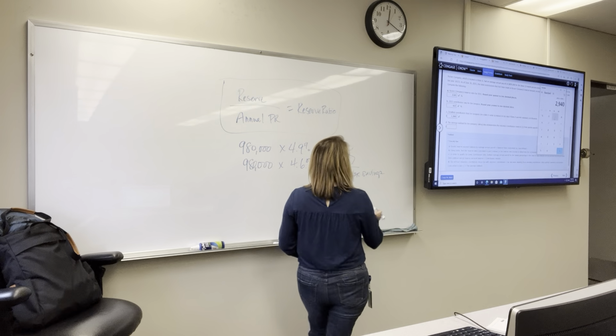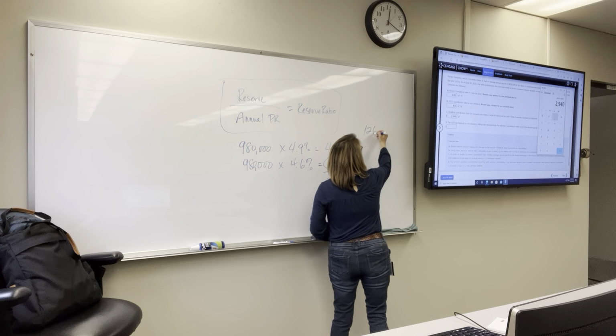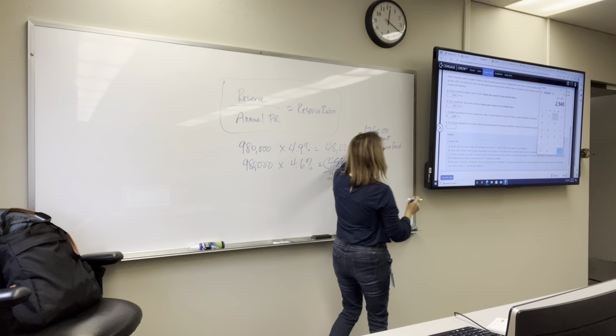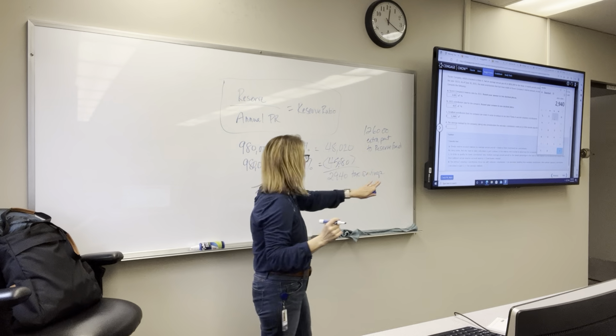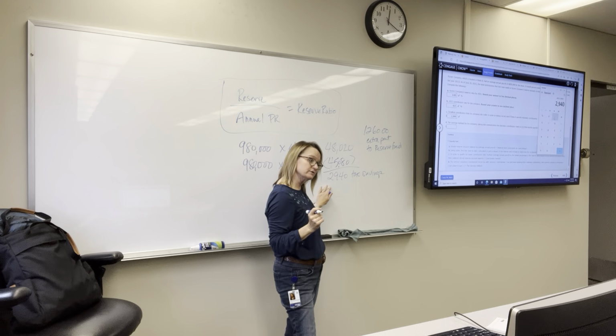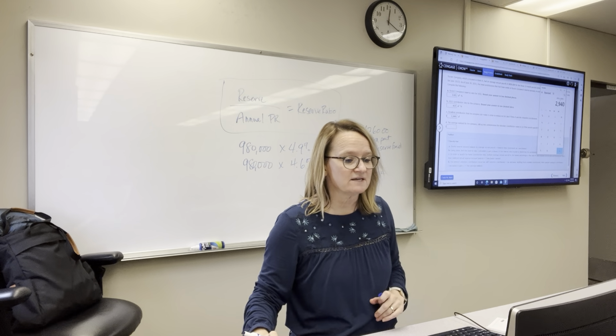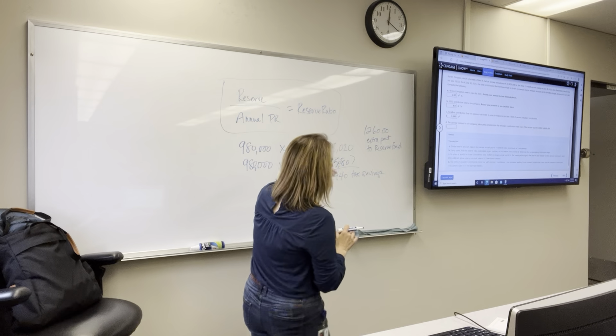So it cost us $1,260. This was our extra payment, right? To the reserve fund. It cost us $1,260, but we saved $2,940. So the difference, and what the problem is asking, what are the tax savings realized? It's going to be the difference between those two.